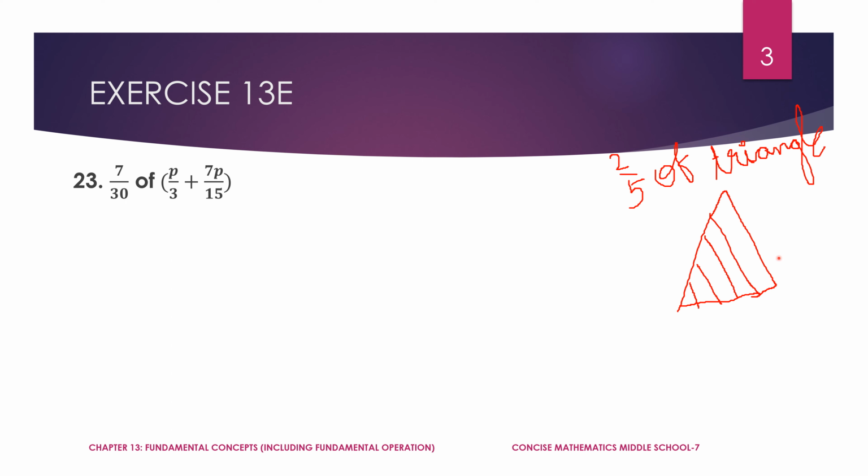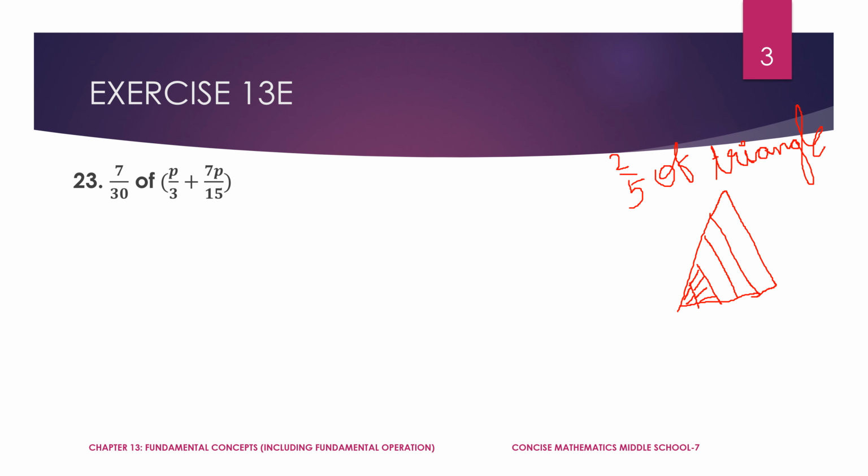Here is a triangle. I have divided it into 5 parts. 1, 2, 3, 4, 5 parts. Right? And here what they are saying is 2 by 5. So it means the second part, it should be divided into equal parts, children. These 5 parts should be equal. Right? So we are going to talk about these 2 parts. I'm just considering it as an example.